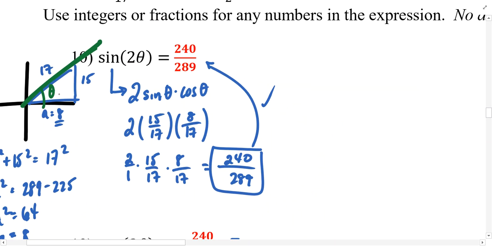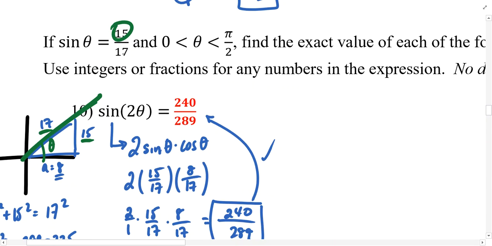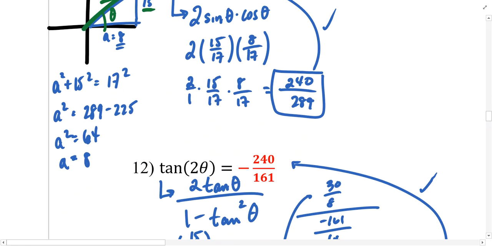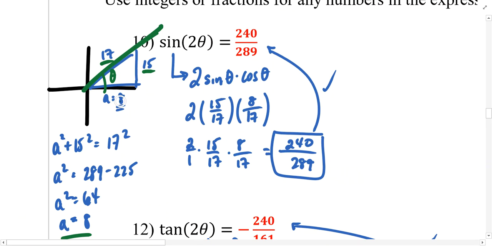And so therefore the opposite side length is positive 15 and the hypotenuse side length is 17 based on the sine values. And if the opposite side length is 15 and the hypotenuse is 17, we can use the Pythagorean equation to find our adjacent side length. Now that we know all three side lengths, we can establish what sine, cosine, and tangent are for the angle measure.